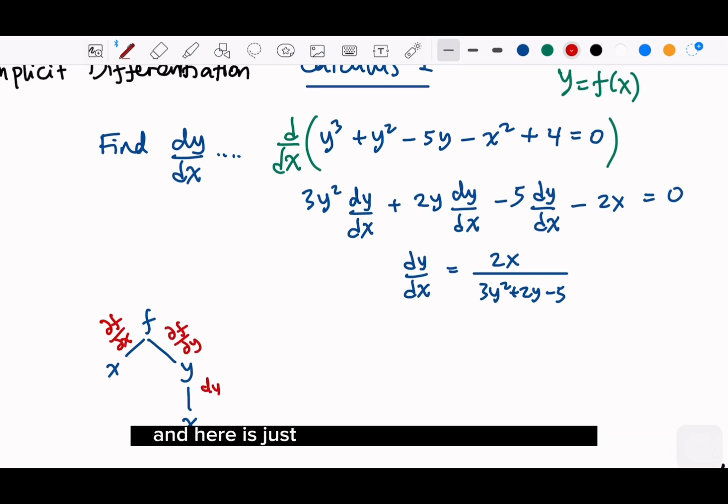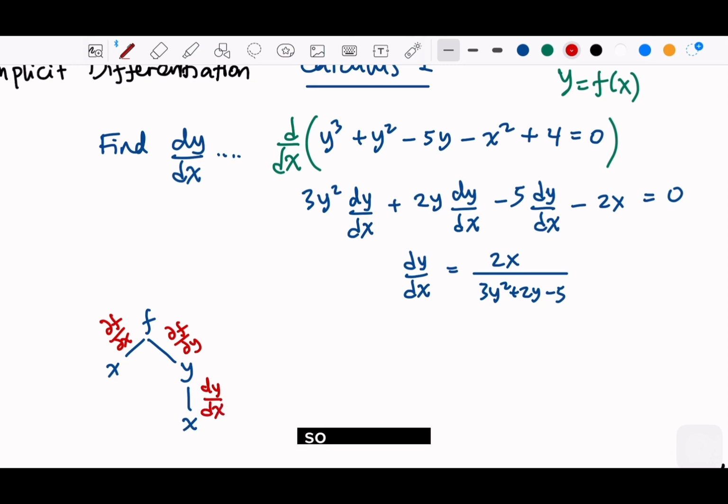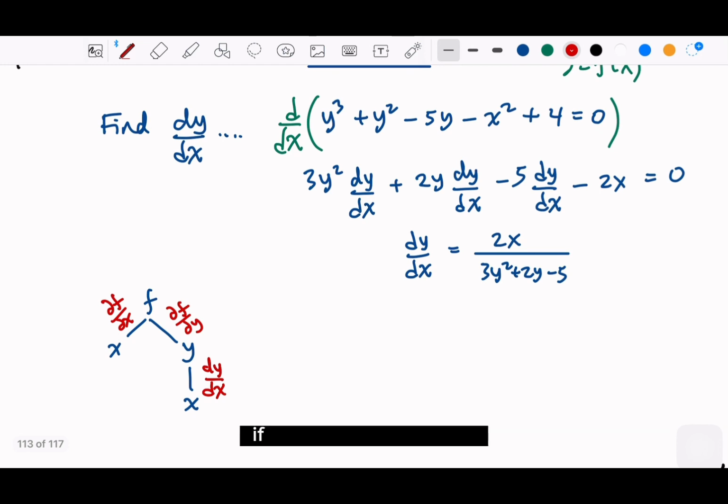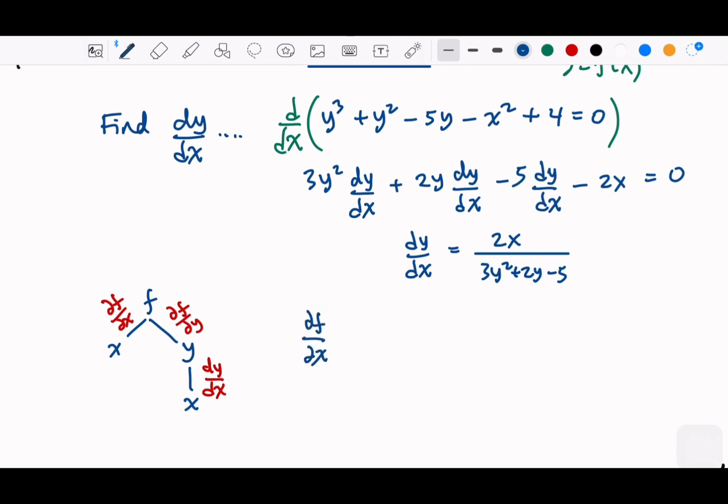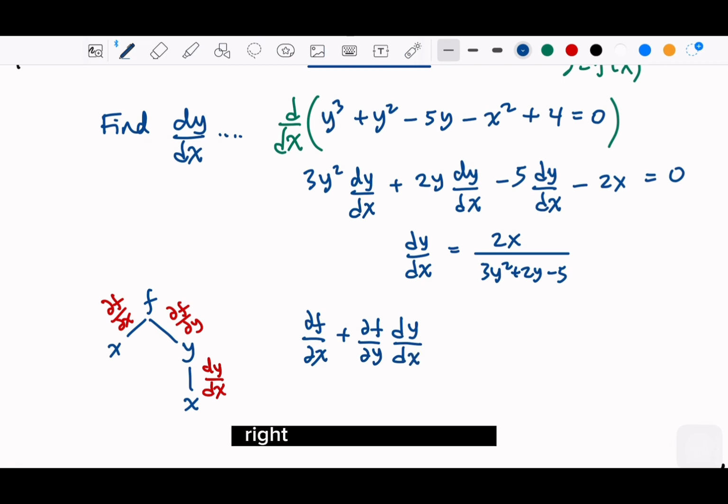And here is just a normal single derivative, right? So from here, if you want to make all the components come together, so ∂f/∂x plus ∂f/∂y multiplied by dy/dx, right? The total component. So this is basically saying that this is ∂f/∂x, right?